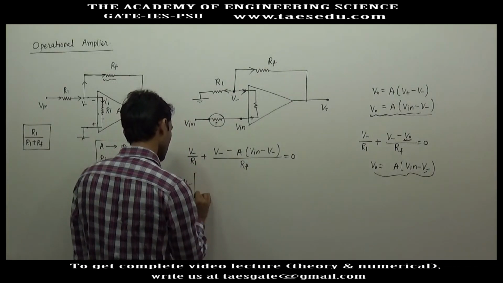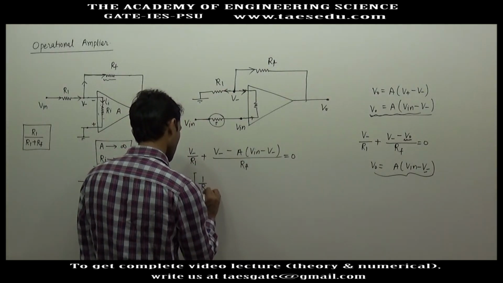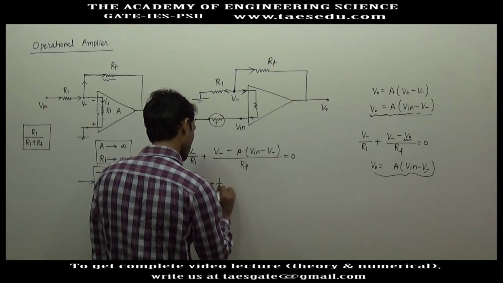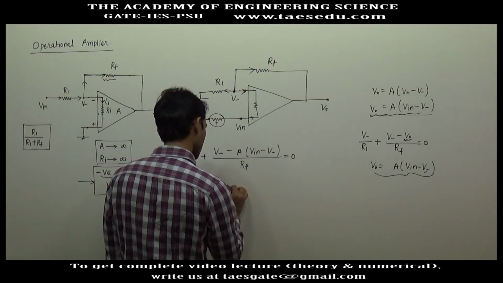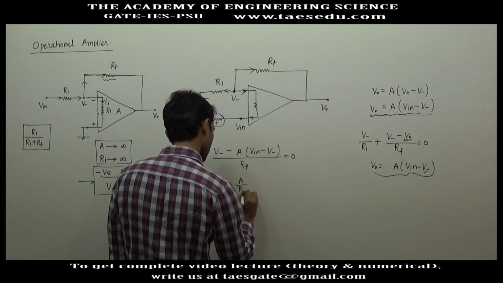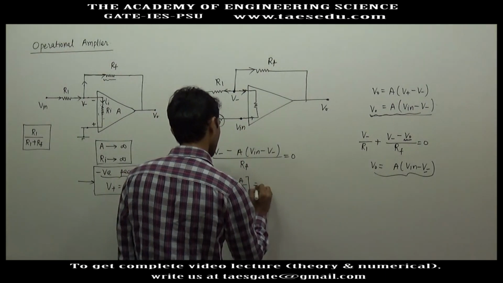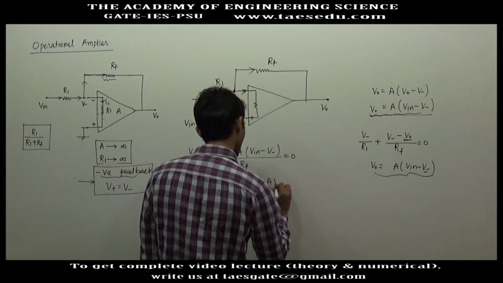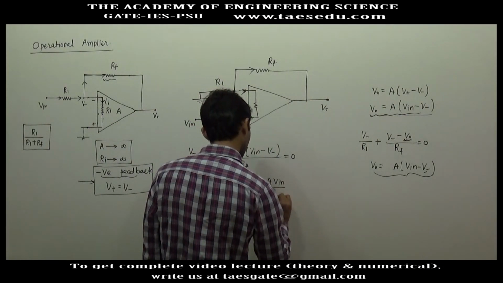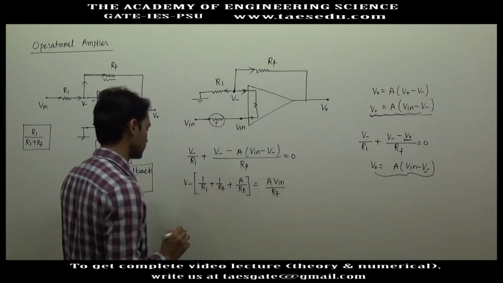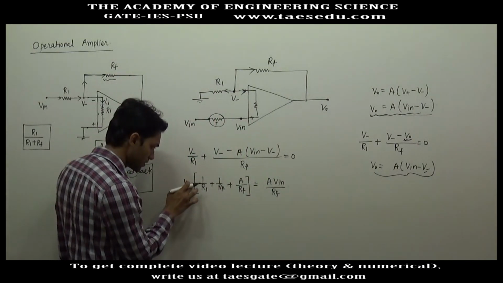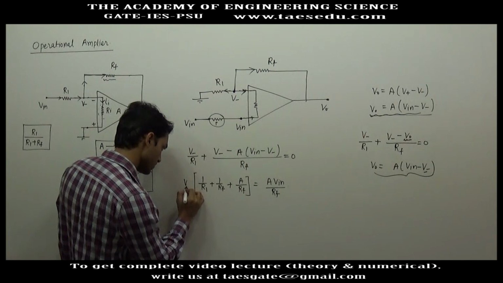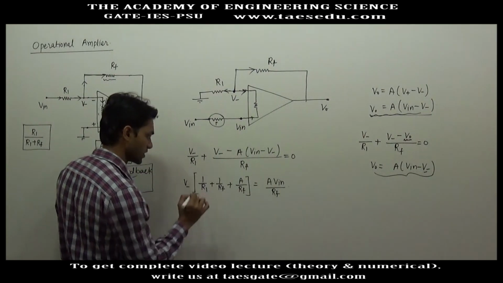So V minus into (1 upon R1 plus 1 upon RF plus A divided by RF) will be equal to A into V input divided by RF. This is not negative minus here, this is V minus, and here we have multiplication.